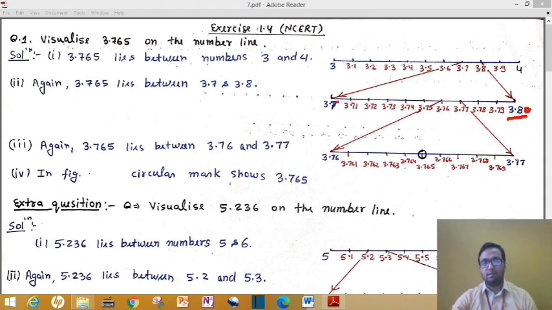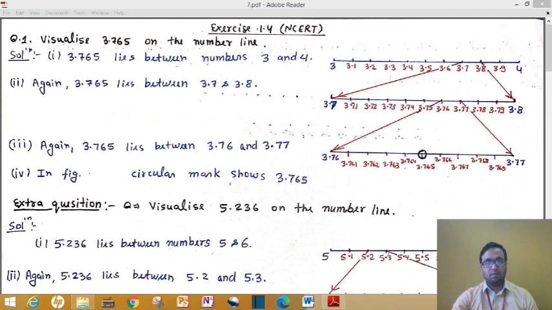So here we have 70 and here we have 80, and between 70 and 80 we have to make 10 divisions. Each division will be numbered as 3.71, 3.72, 3.73, 3.74, 3.75, like that, and at last 3.79 and 3.80.